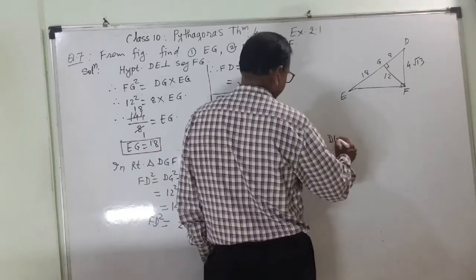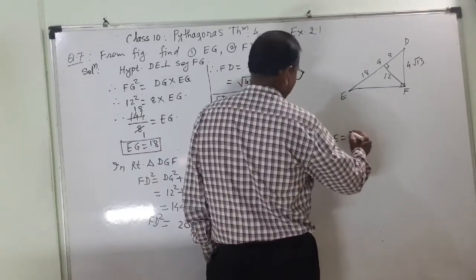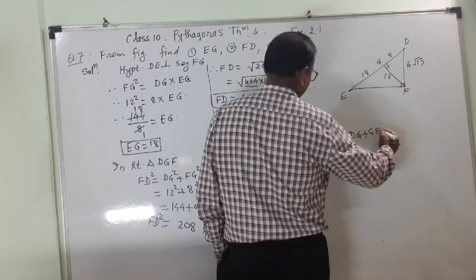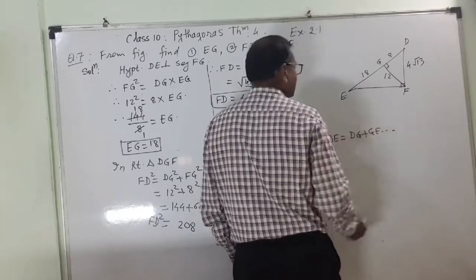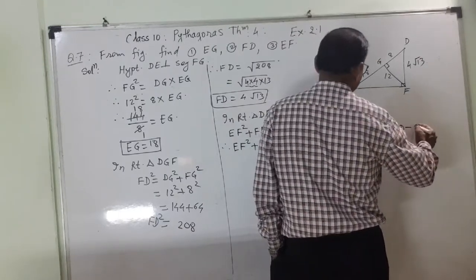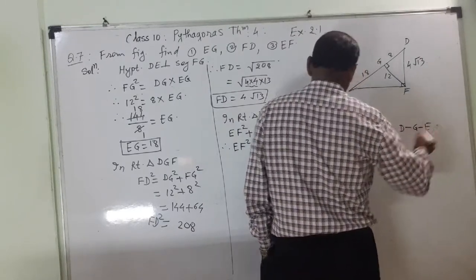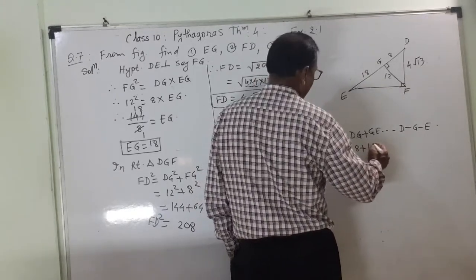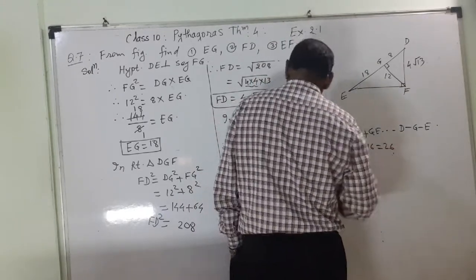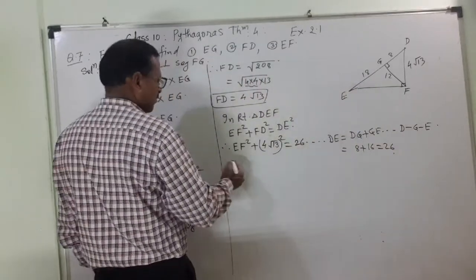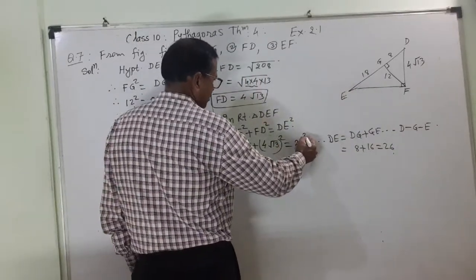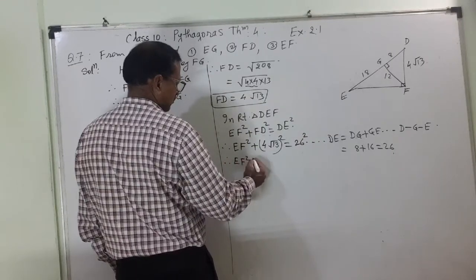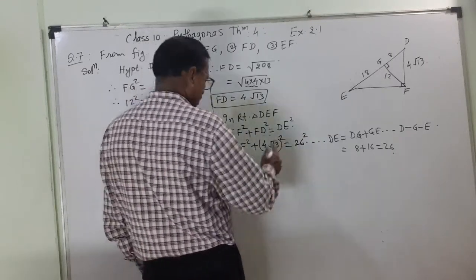DE equal to DG plus GE, that is equal to 8 plus 18 equal to 26. From this we have taken. So 26 square.